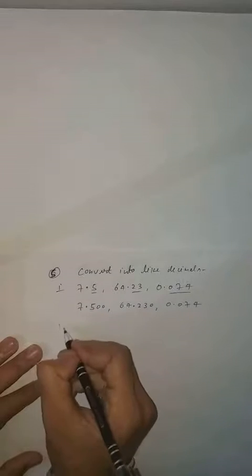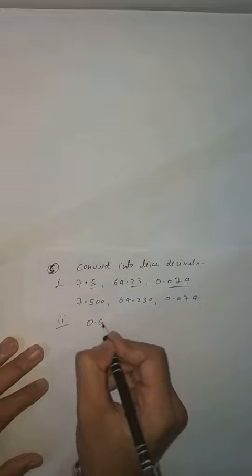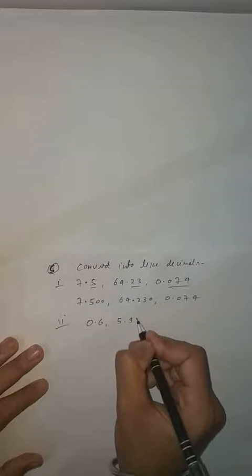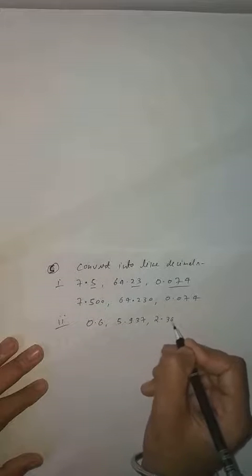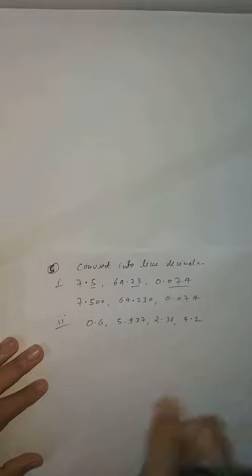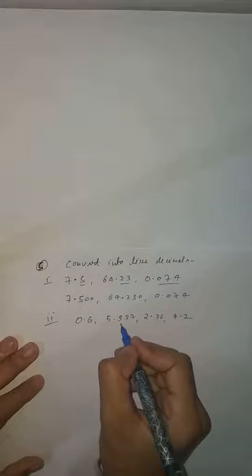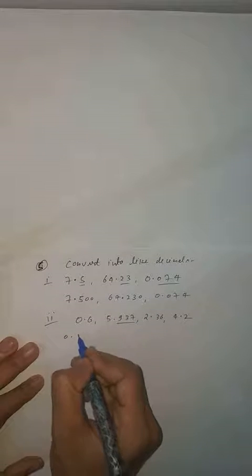Let us come to the second example. Second is given like 0.6, 5.937, 2.36, 4.2. Clear, students? So now in this question, you can see after the decimal there are 3 digits, which is the maximum. So you will follow the same pattern. You will write 0.6.